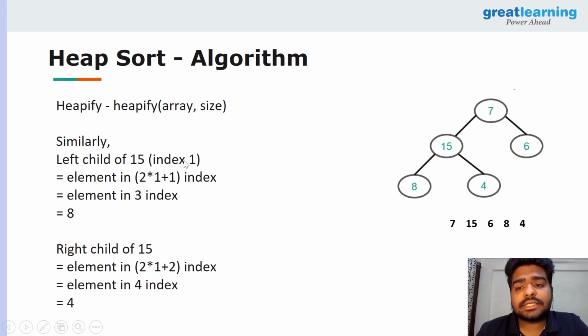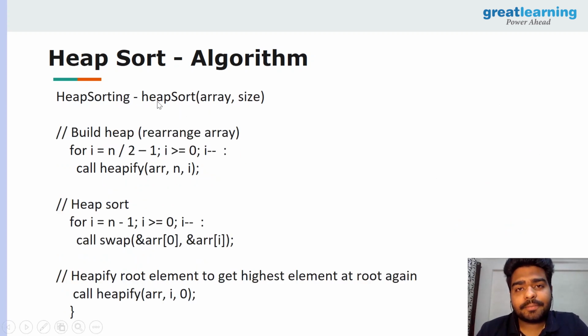The index of 15 is 1. In the formula where I was 0 in the previous example, I have just taken 1, and 2 into 1 plus 1 gives you 3. What is the element at the third index? 8. And 2 into 1 plus 2 is 4. What is the element at the fourth index? 4. That's how this formula works to find the children of the parent node. Okay, let's quickly see the other method, which is heap sort.